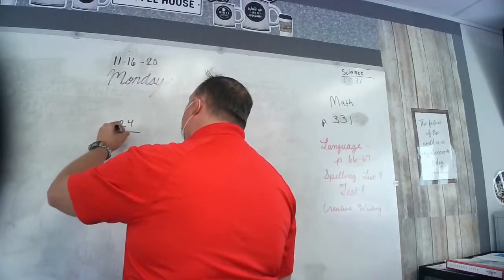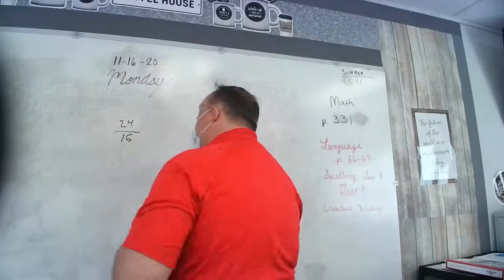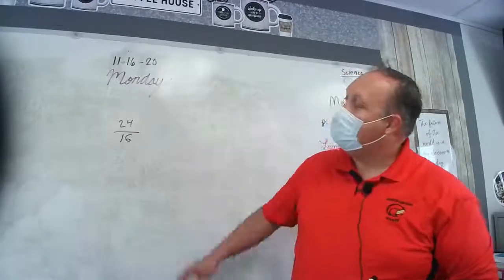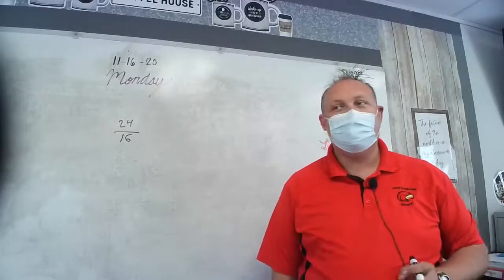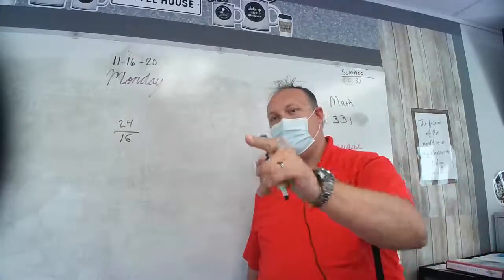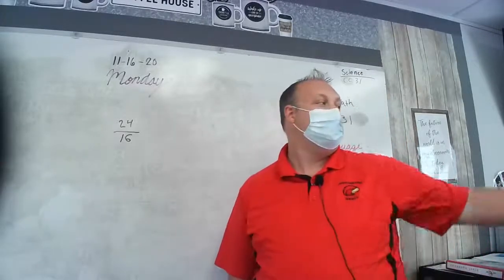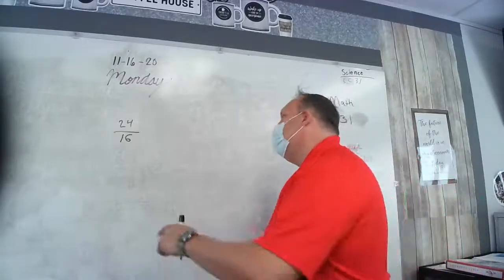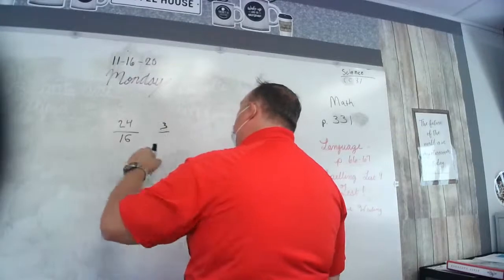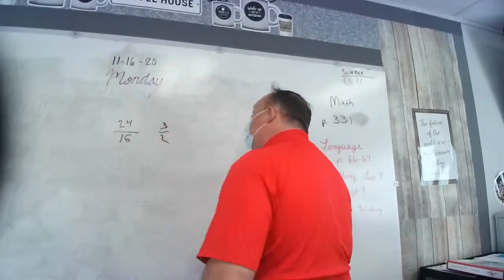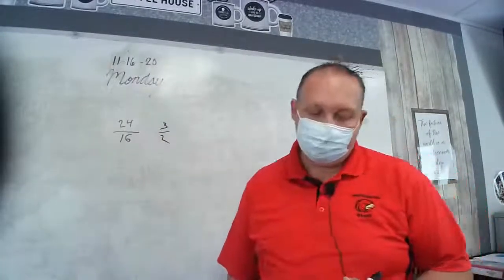How many does it make? 16. What number goes into both 24 and 16? The biggest number that goes into both of those? 8. 8 goes into 24 how many times? 8 goes into 16 how many times? So we get 3 over 2 again.